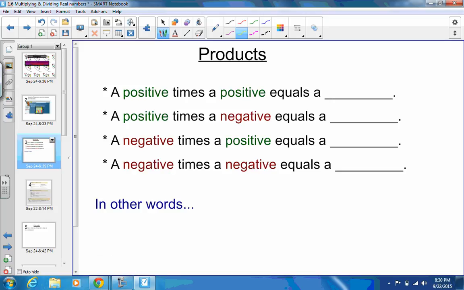Anytime you have one positive and one negative, the result will be a negative. If you have a negative times a positive, your answer is still going to be a negative. So no matter the order, if you have one positive and one negative multiplied together, the answer is going to be negative.